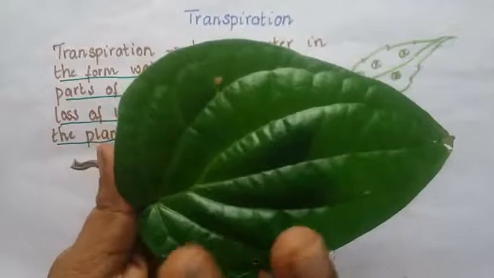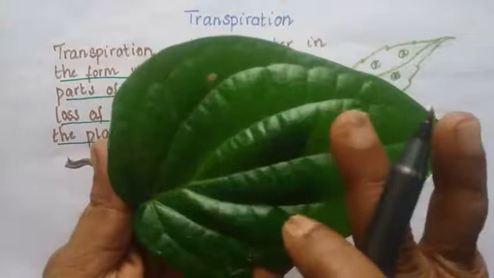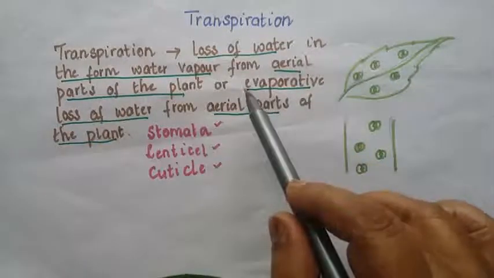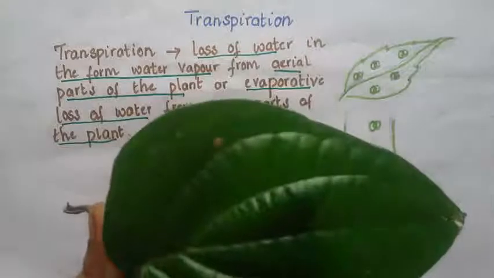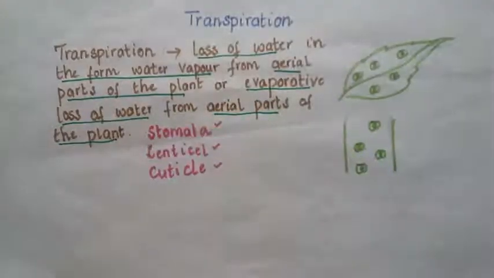Okay, so we find the stomata in the epidermis of the leaf, which helps in loss of water in the form of water vapor. Along with that, we also find certain structures on the stem of the trees.